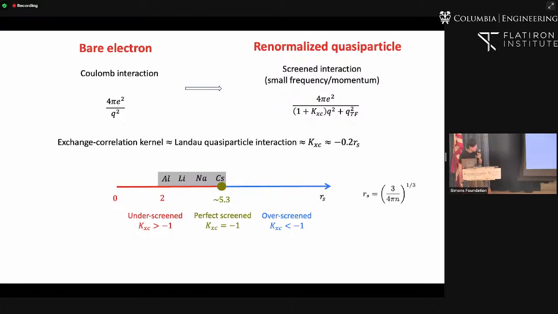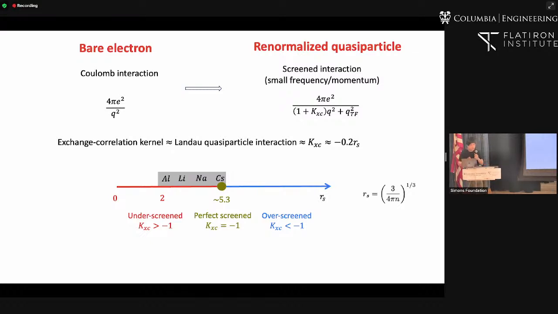And in simple metal, this prefactor K is roughly proportional to the mean distance between two electrons, basically the Wigner-Seitz radius r_s. And for all the metals, we know this prefactor is roughly between 0 and 1.